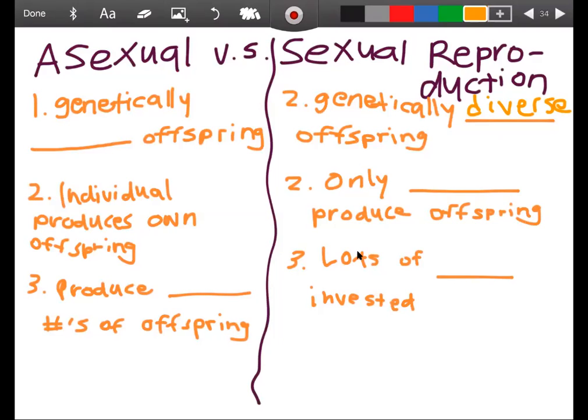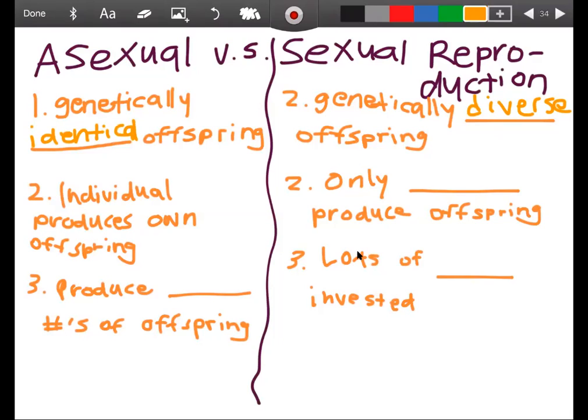Whereas with asexual reproduction, in the case of bacteria or even plants, they're going to produce identical copies of themselves. So these are going to be genetically identical offspring produced from asexual reproduction.